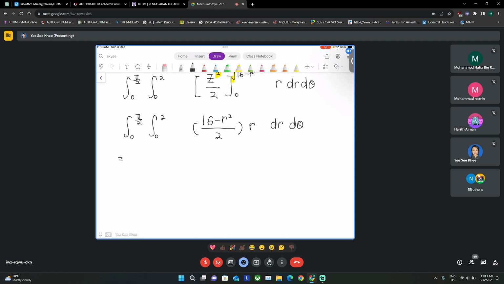So this step is easy now. Why? Because you can press calculator. Everybody, you can press calculator.